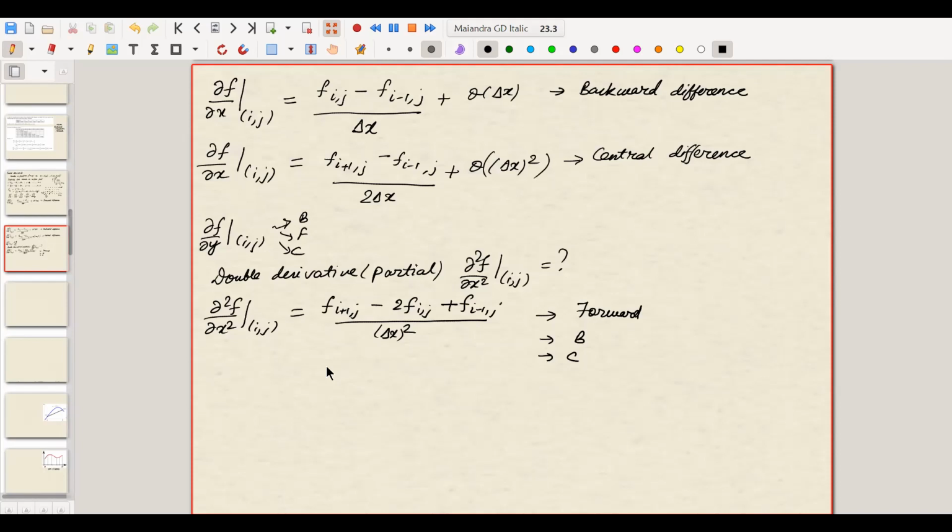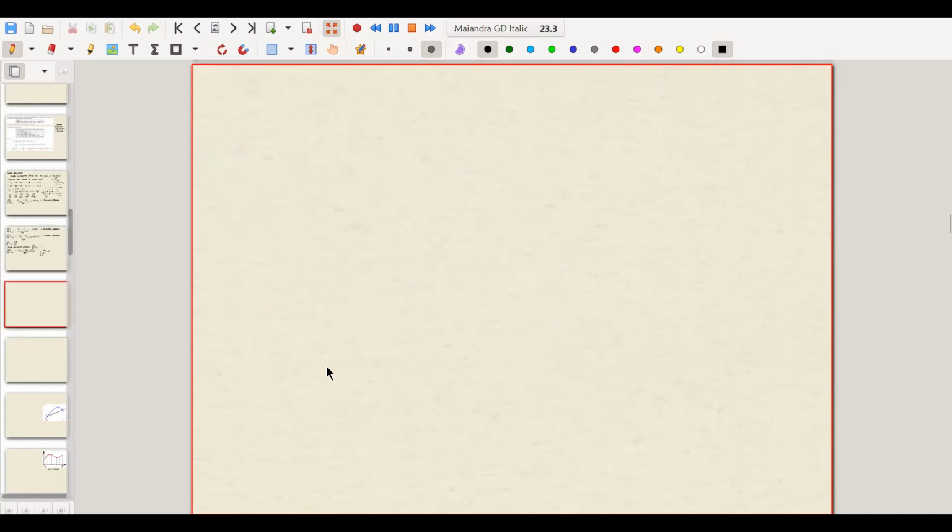Since you knew the forward finite difference formula, backward finite difference formula, central finite difference formula, now you can extract some knowledge from that and apply it to the two variable case, x and y. Okay.